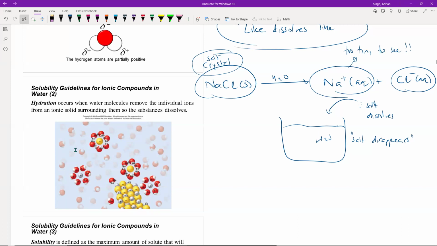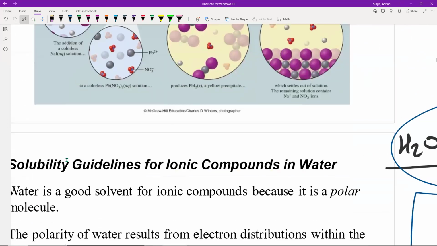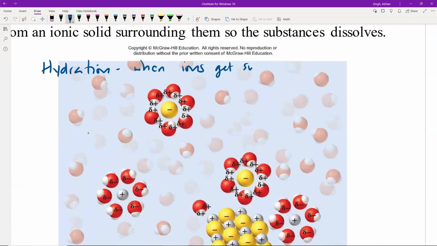These ions that are formed actually get surrounded by water molecules in a predictable fashion because of the polarity of water. And that process is known as hydration. So hydration happens when the ions get surrounded by water molecules.